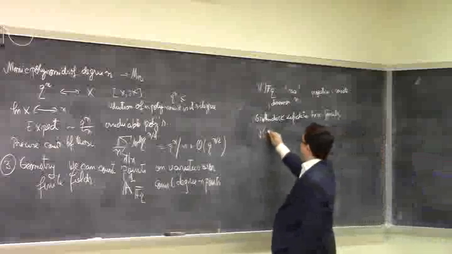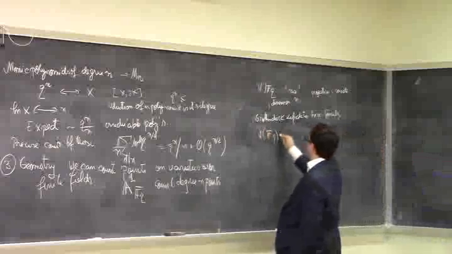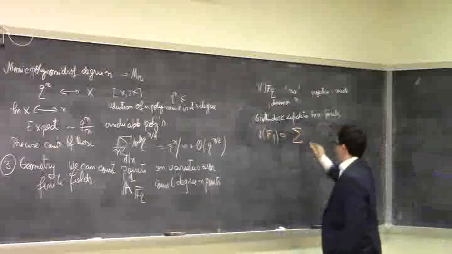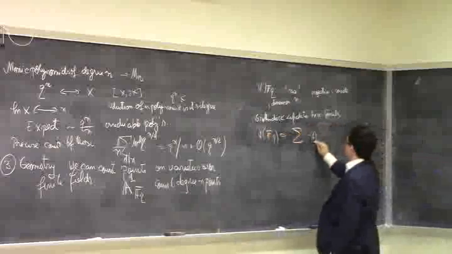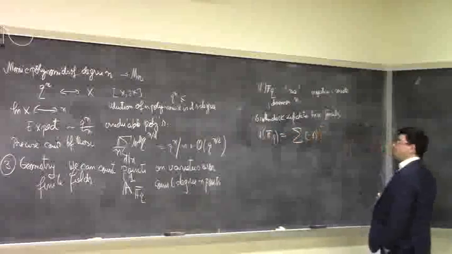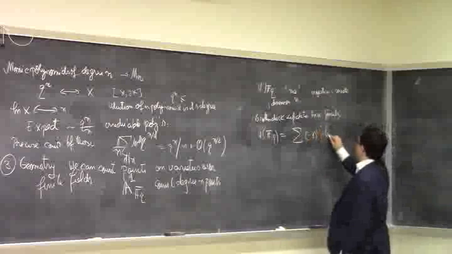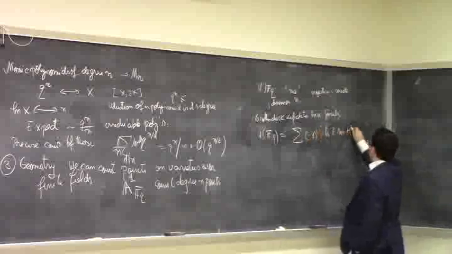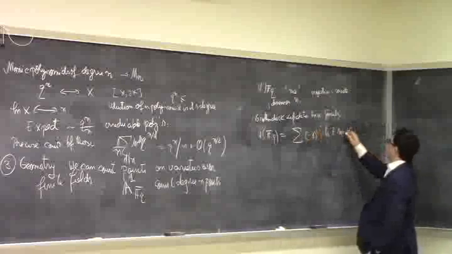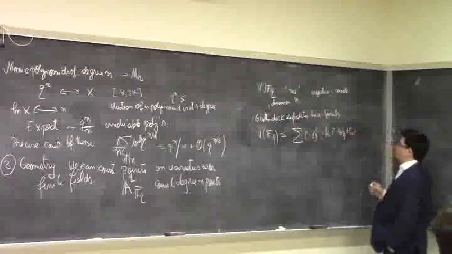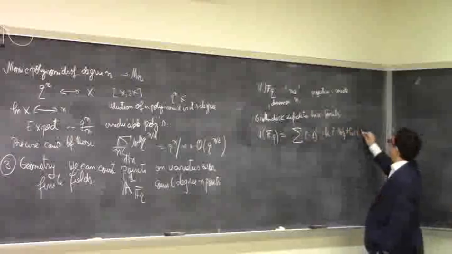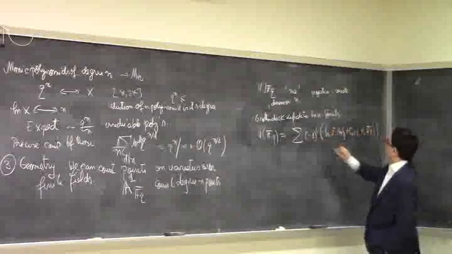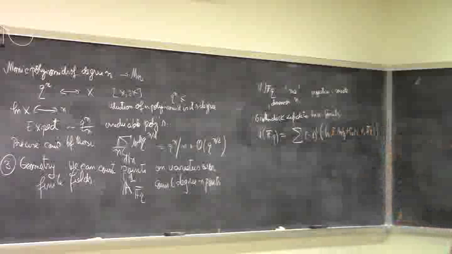So the number of points on the variety is going to be this sum here, minus 1 to the i, times the trace of the Frobenius at q on H^i étale of V, with Q_l coefficients.